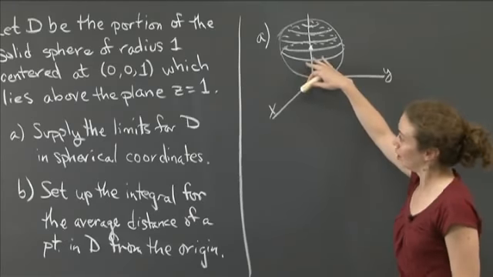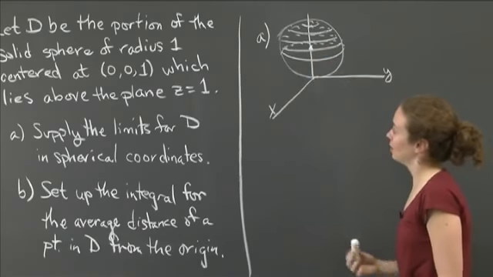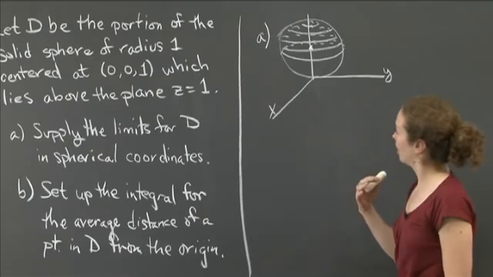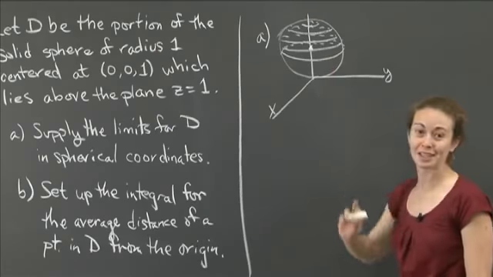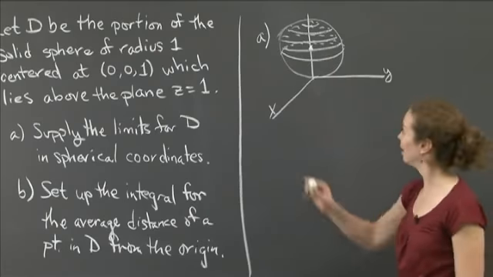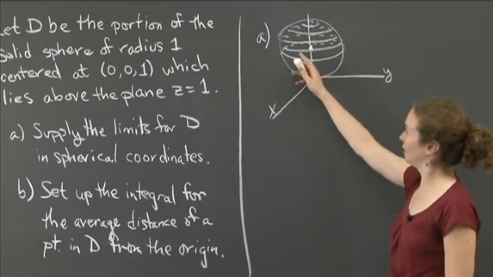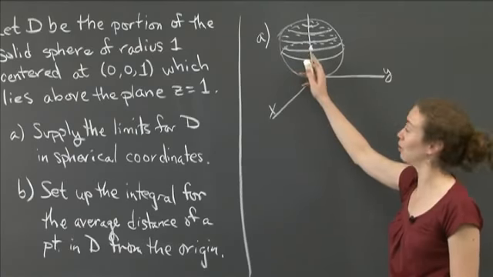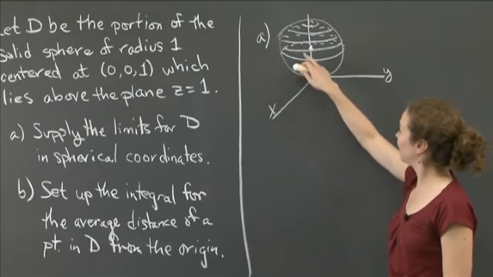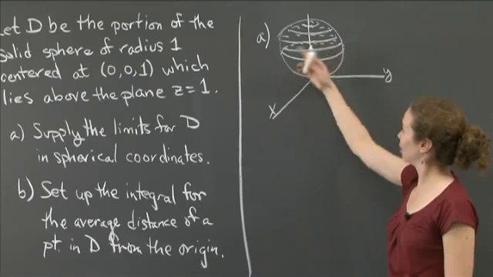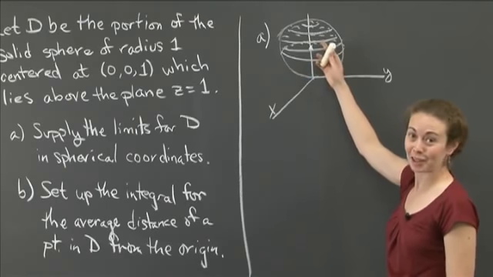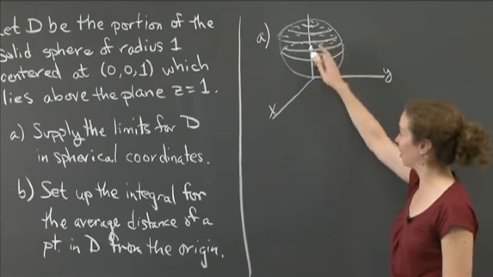That's D. And what I want to do is determine rho and theta and phi. Actually, theta is the easy one, right? Because at each value here, I go all the way around in the theta direction. So at any given height or radius, I want to go all the way around in the theta direction from 0 to 2 pi. So my theta bounds are the easy ones.